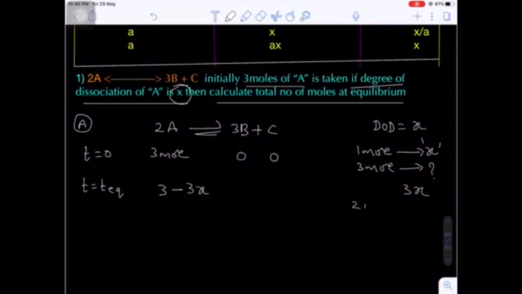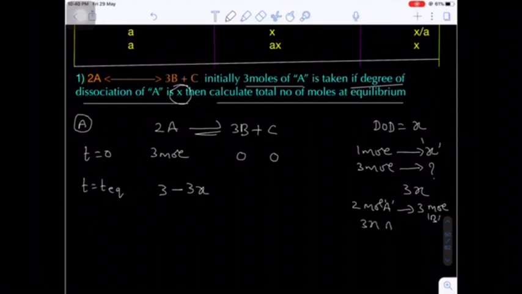Now, 2 moles of A will give 3 moles of B. So 3x moles of A will give how many moles of B?